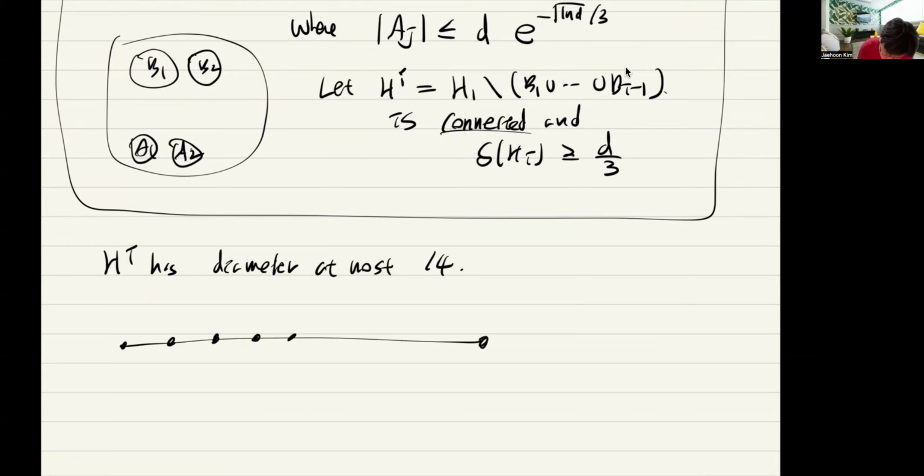So there is a shortest path between any two vertices. If the shortest path between these two has length at least 15, then what you can do is you take this vertex, this vertex, this vertex, this vertex, this vertex. You have these 6 vertices.